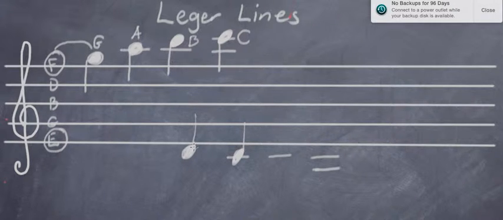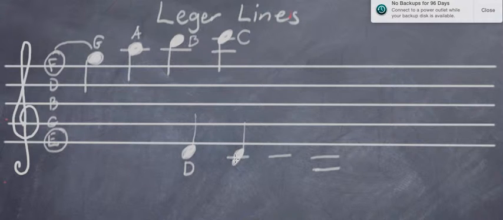If we look at our first note, it's in the space directly below our stave line. We know this is E, so D comes before E in the alphabet. So this is our D note.